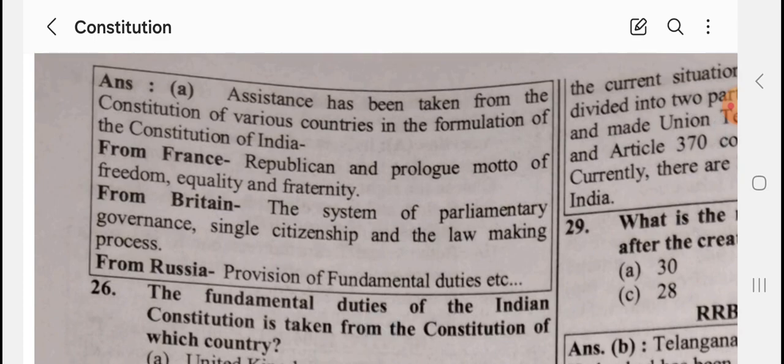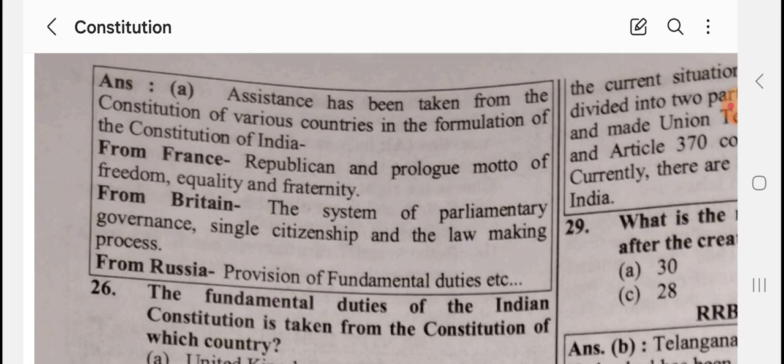So, sources of the constitution from various countries: the republic and preamble motto of freedom, equality, and fraternity from the French Revolution. From Britain, parliamentary government, single citizenship, and the law-making process.